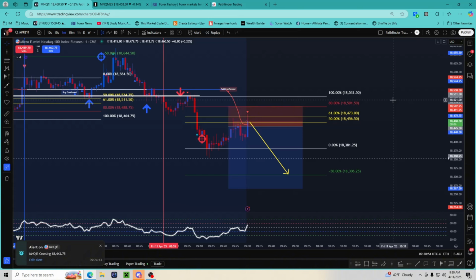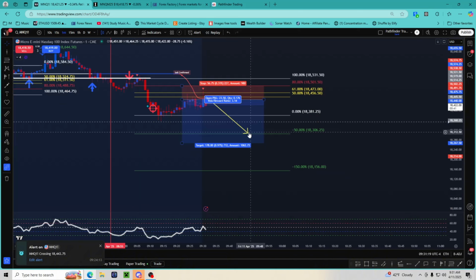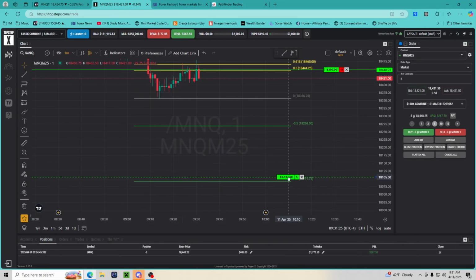Big wick coming in here. Let's see what the next candle does. If the market rejects, then the sellers may take control. And if the sellers take control, we may actually go for the larger move, which would be the 18,156 down here, which I don't even need to get to because my daily goal is 3,000.